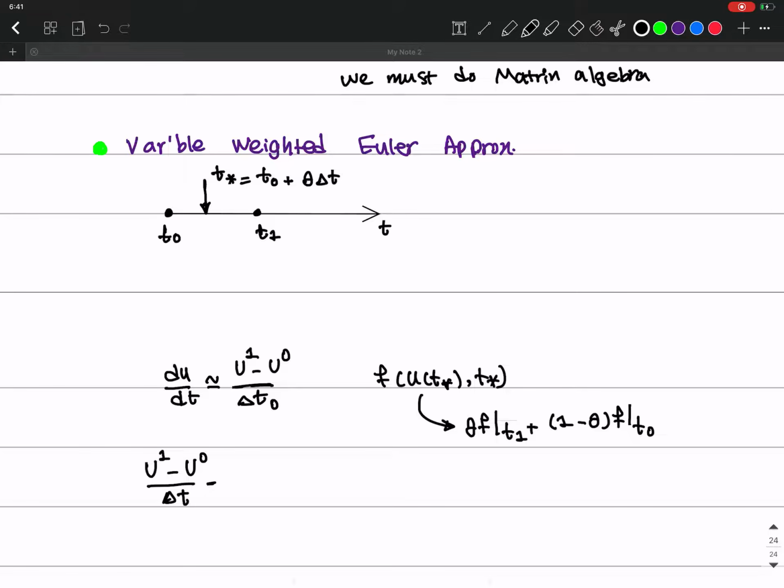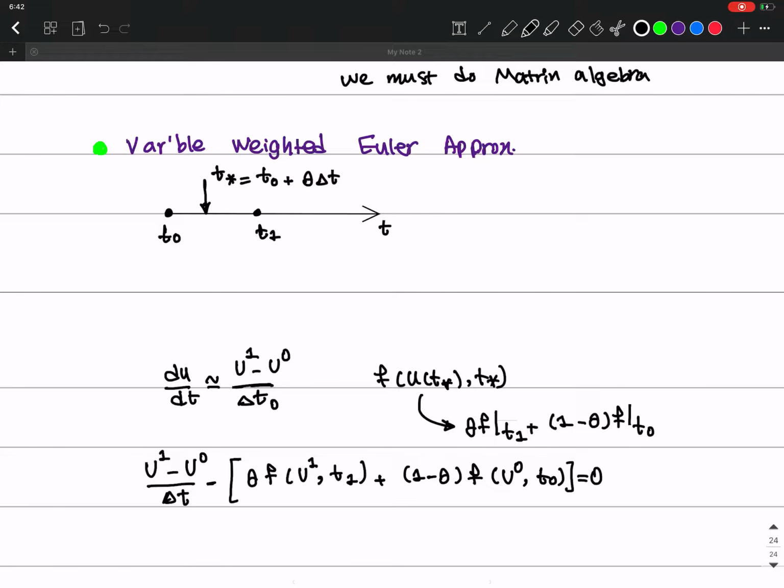Right? So this is how I write it down. So then I'm going to write it as theta f of u1 and t1 plus 1 minus theta f of u0 and t0 equals to 0.